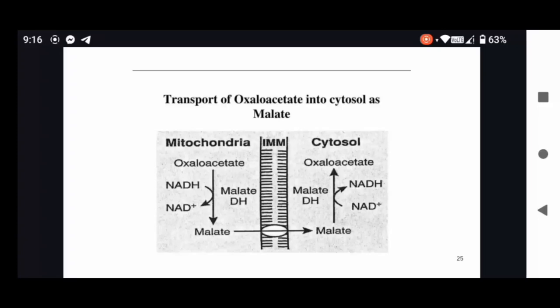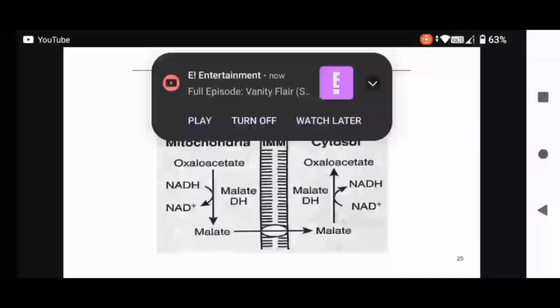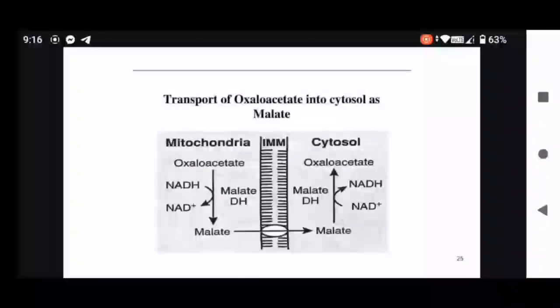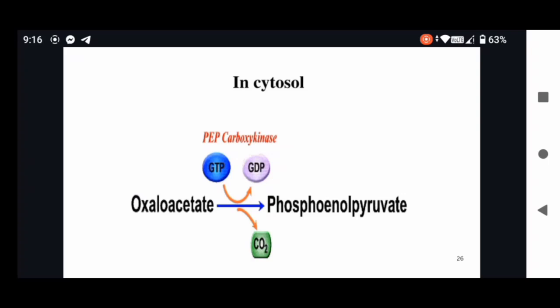This oxidation regenerates oxaloacetate and produces cytosolic NADH, which is required for further gluconeogenic steps like the conversion of 1,3-bisphosphoglycerate to glyceraldehyde 3-phosphate. In the cytosol, oxaloacetate is converted to phosphoenolpyruvate with the use of GTP, yielding GDP.